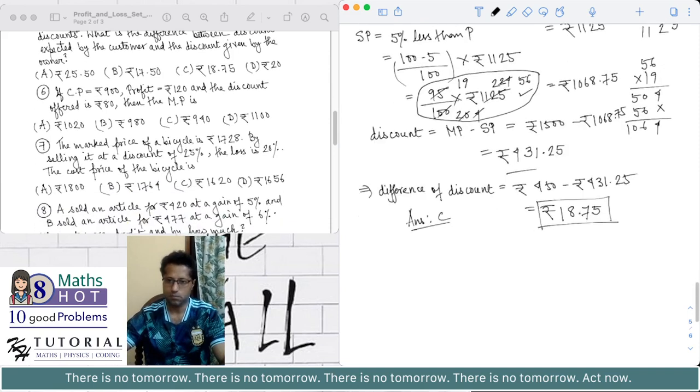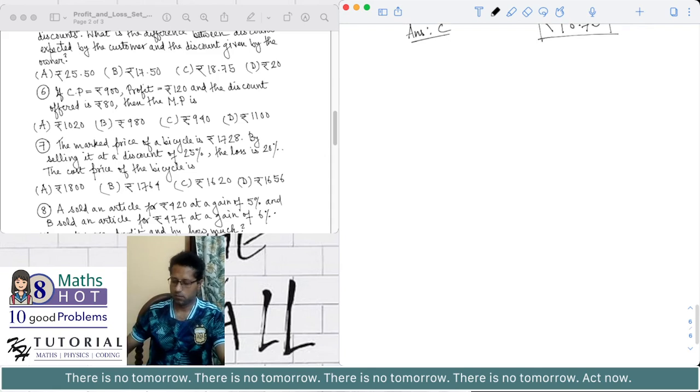Let's do question number 6. If CP is equal to 900, profit is equal to 120, and the discount offered is 80, then the mark price is. So we have the CP.